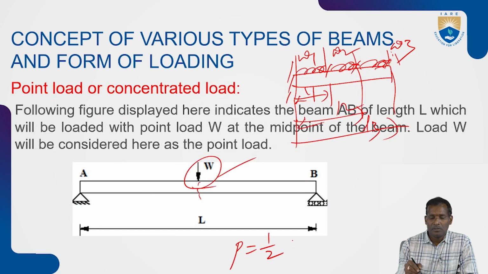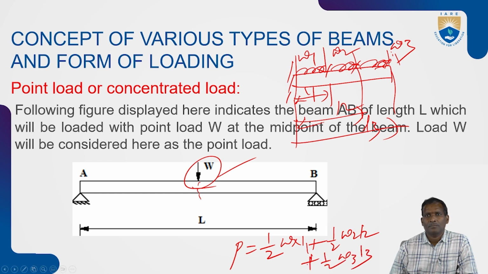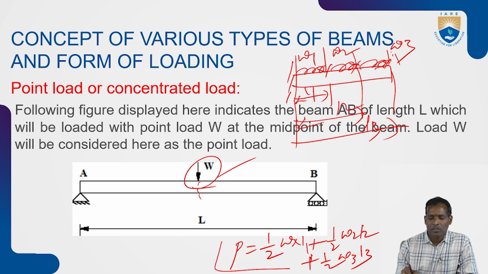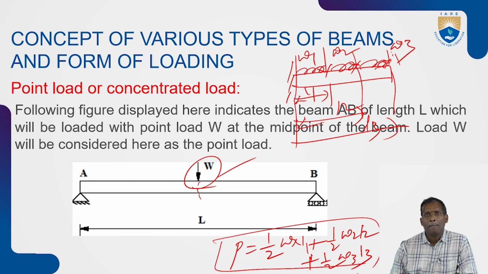P is equal to half W1 into L1, plus half W2 into L2, plus half W3 into L3. So you will get the total load on the beam in the case of uniformly varying load.